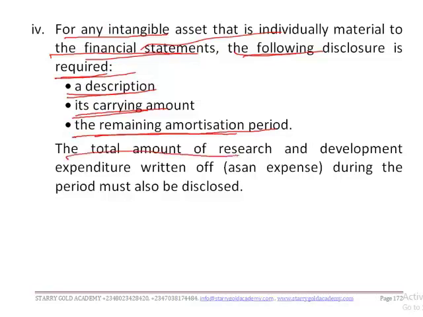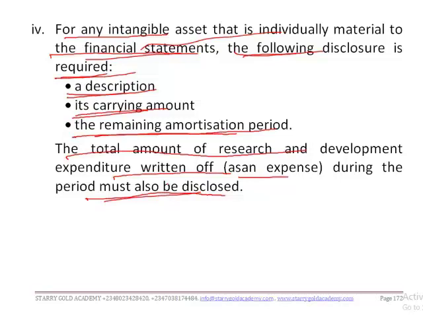The total amount of research and development expenditure written off as an expense during the period must also be disclosed.